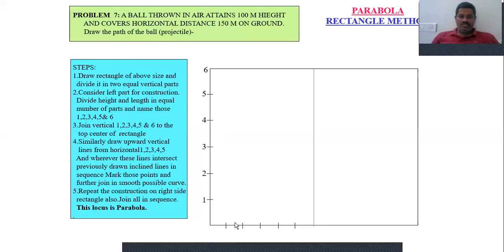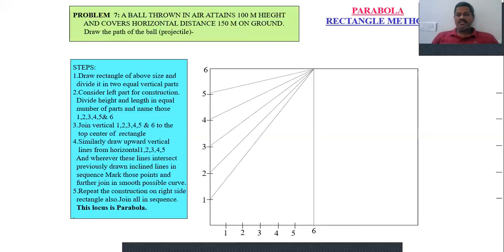Then name all these points also: 1, 2, 3, 4, 5 and 6. Then join the vertical line at the midline of this rectangle with the vertical divisions. Join all these points: 1, 2, 3, 4, 5 and 6.